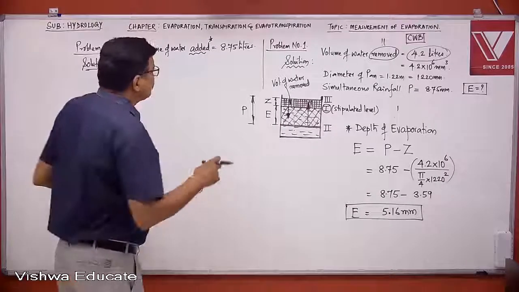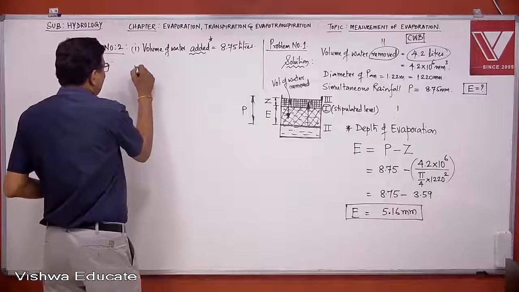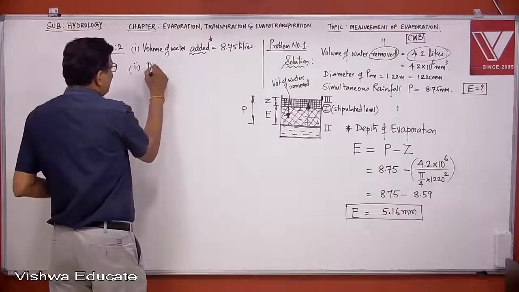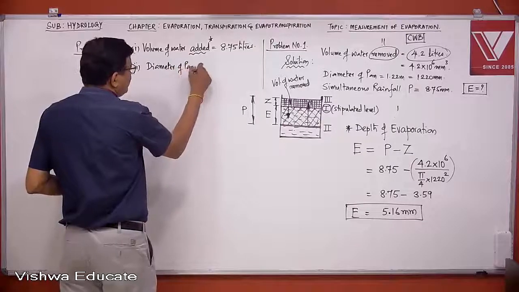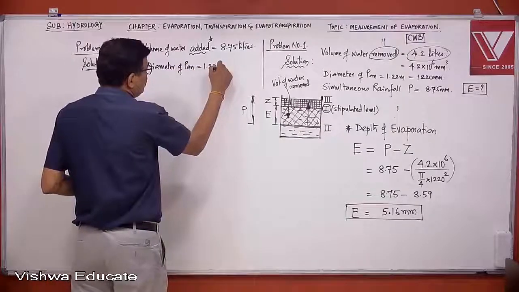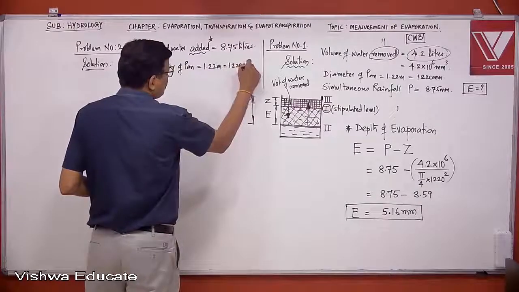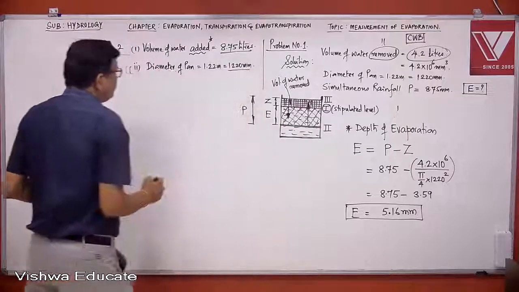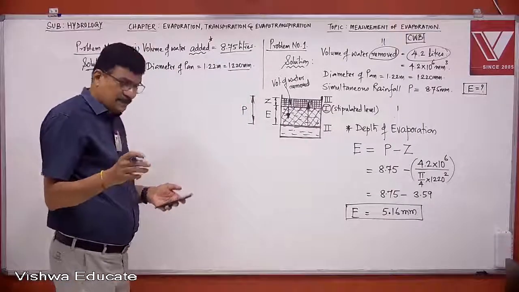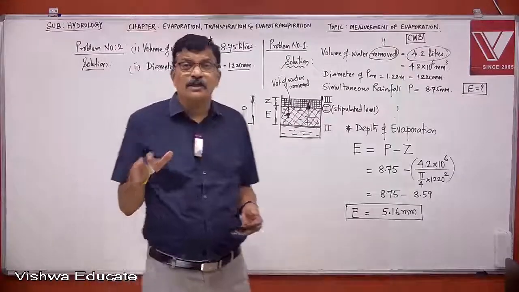Now, of course, the pan diameter is standard. I'll still write it down as a formality: diameter of pan is 1.22 meters, that is 1220 millimeters. So this is given. At the same time, it says the nearby rain gauge measured rainfall.